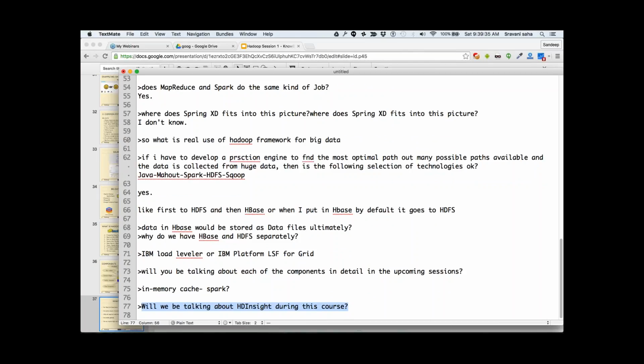Another question I would like to answer before I jump into the demo. A question from Abhay is, will we be talking about HDInsight during this course? First, let's understand what HDInsight means. HDInsight means Hadoop made to run on Windows.